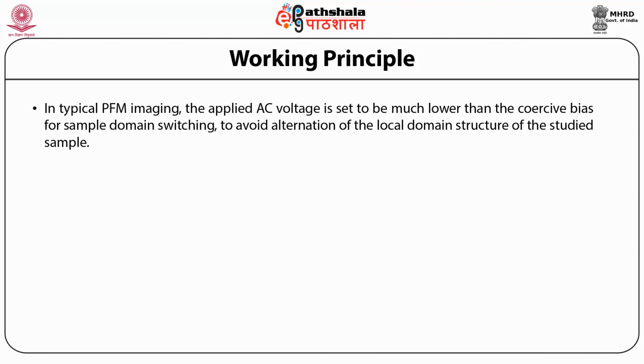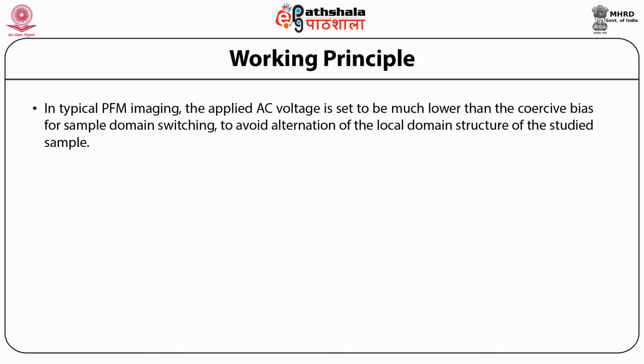If this criterion is met, the phase contrast generated in PFM imaging will reflect the domain polarity at different sample locations, while from the magnitude of the amplitude signal, the local piezoelectric coefficient of the sample can be extracted.